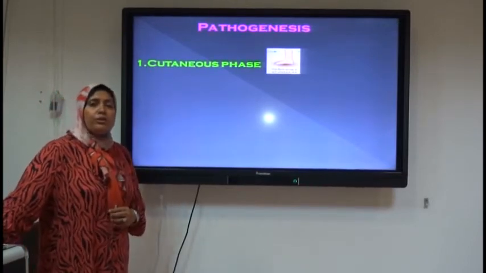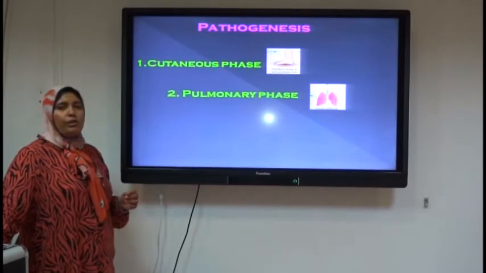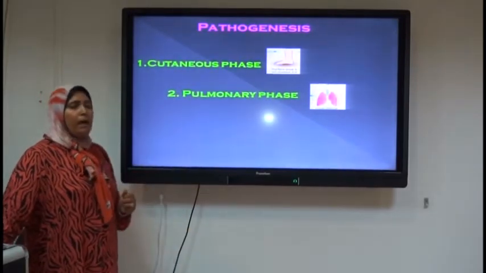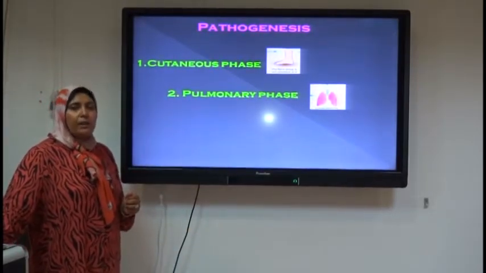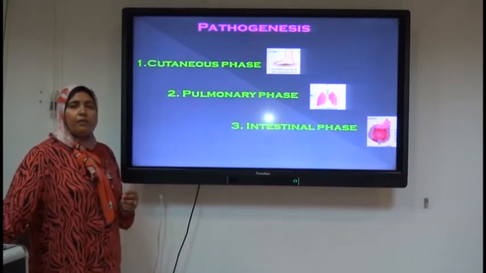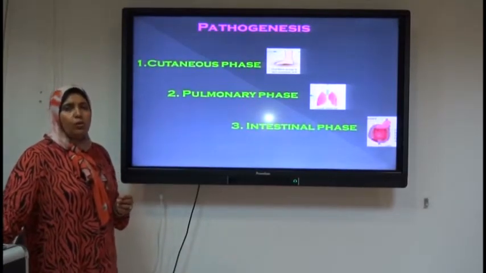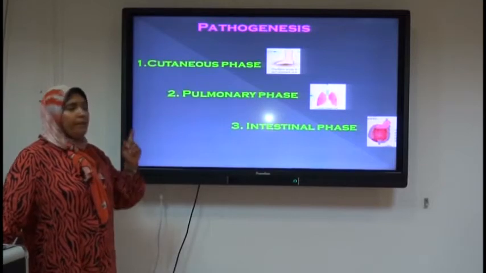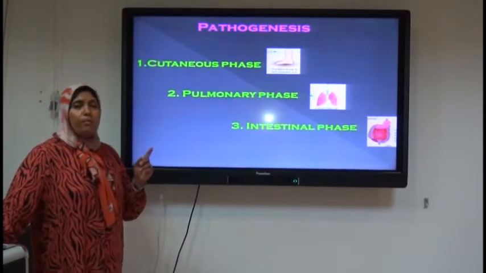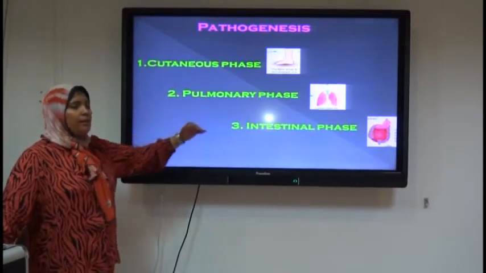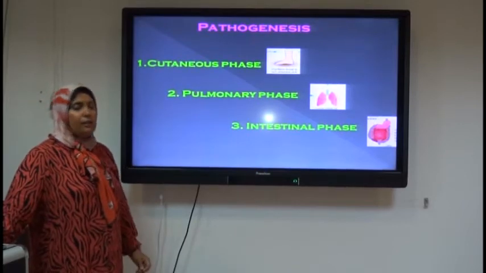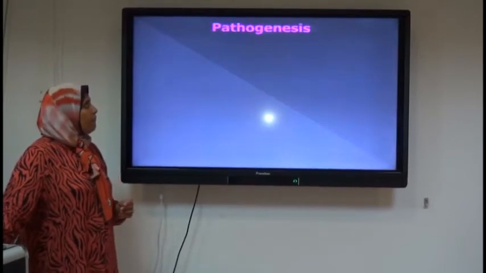Once jumping into the circulation, it will go to the lungs, and this will be the pulmonary phase. Finally, it will go to the intestinal phase where maturation will happen. And that's why the pathogenesis of this disease will pass through these 3 stages. Let's see each stage precisely.